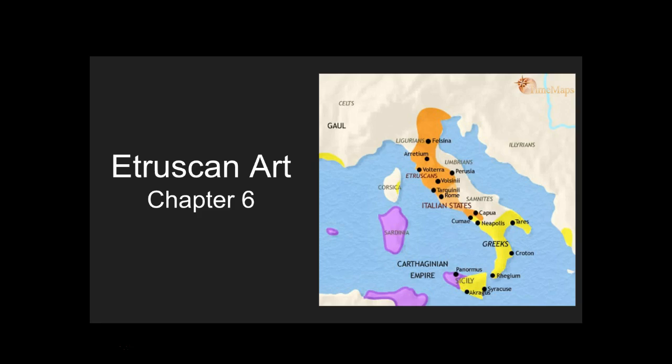They never really formed a nation. They were just separate areas of people. The city-states fell into the Roman hands around the 4th and 5th century. By the 8th and 7th century, they were highly skilled seafarers. So before that, they became skilled seafarers for trades and things like that.